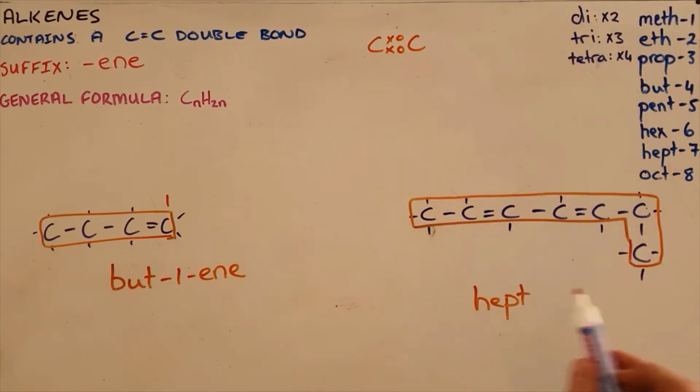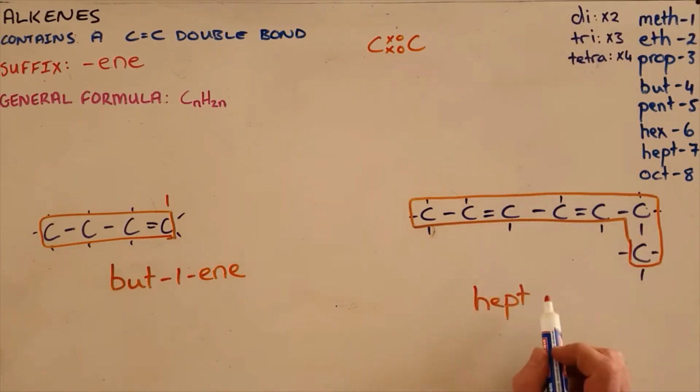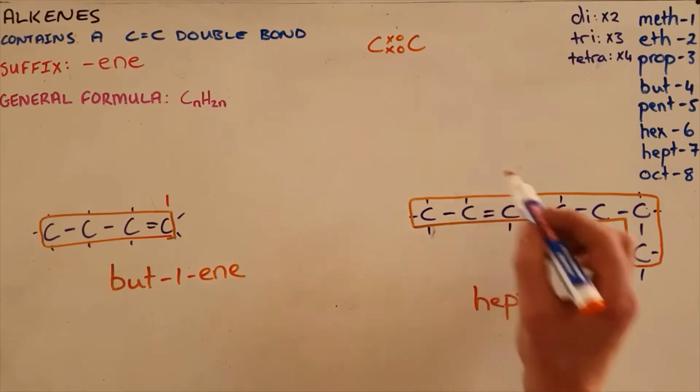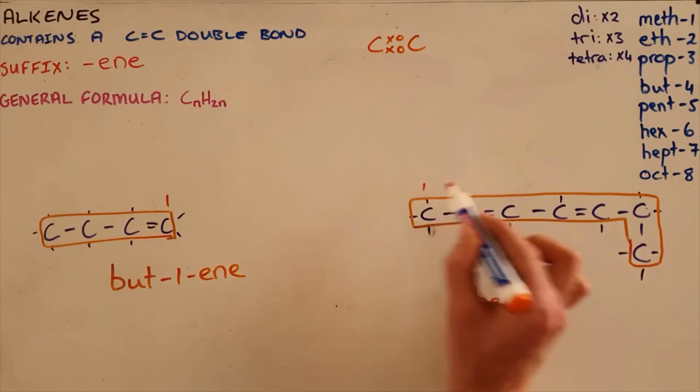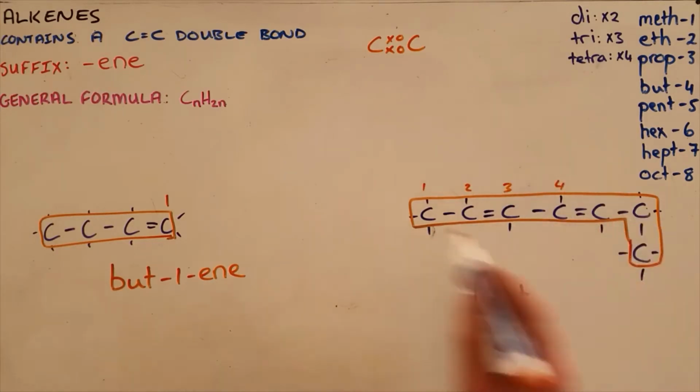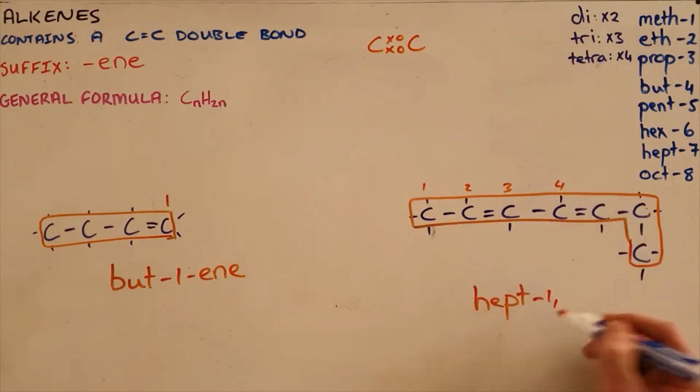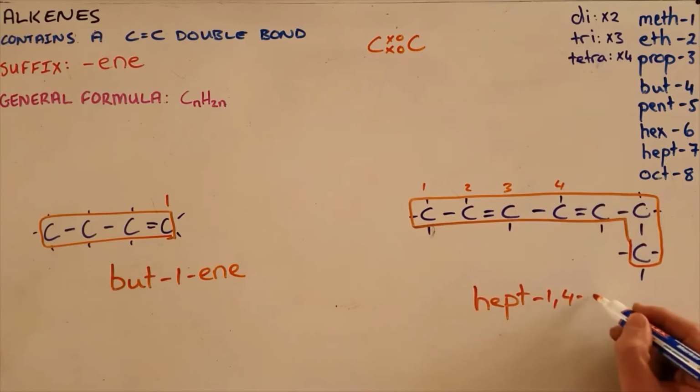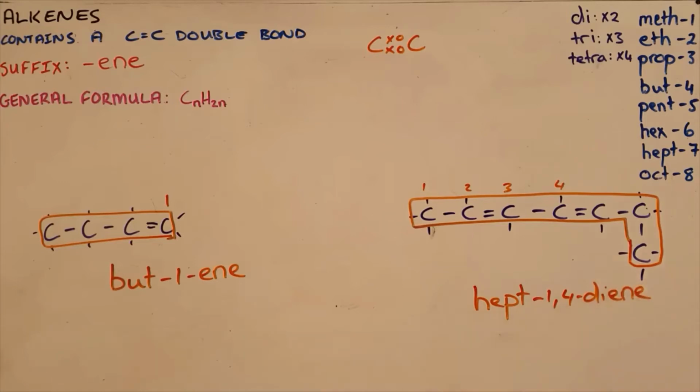And finally, we must indicate the position of those double bonds, and we again choose to number from the side that makes those numbers as small as possible, so we would call this hepta-1,4-diene, saying that there are 2 double bonds, and that would be how we name this alkene.